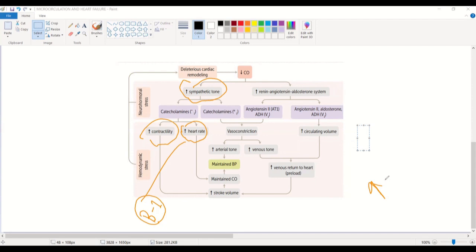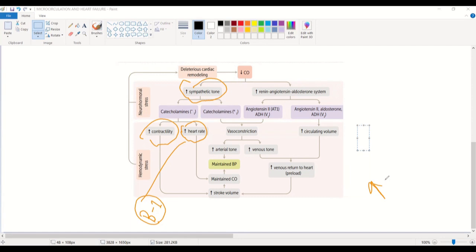If this condition is left untreated, it will lead to many deleterious remodeling changes on the heart, right? So the treatment of heart failure is basically to prevent this pathophysiology, to target these areas.